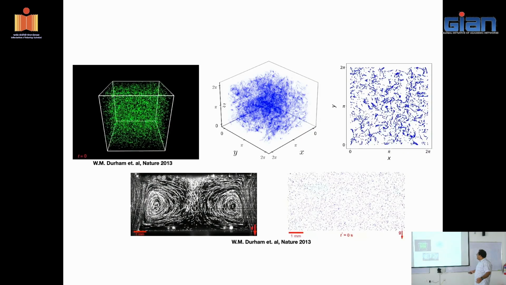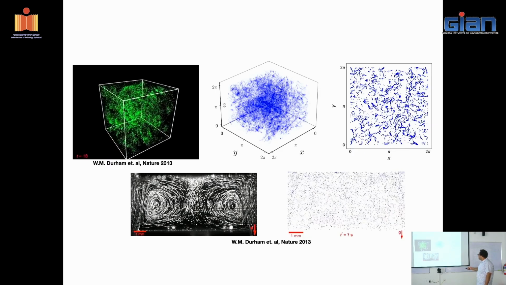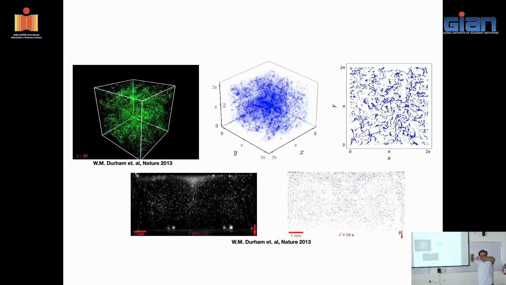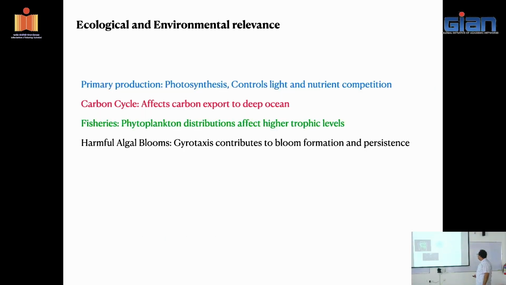And people have done a variety of things, and for a variety of flows. For example, here is one, where you see a convection-like pattern, a roll-like pattern. Okay, so, ecological and environmental relevance: primary production, where photosynthesis controls light and nutrient competition, and the carbon cycle, which affects carbon export to the deep ocean.